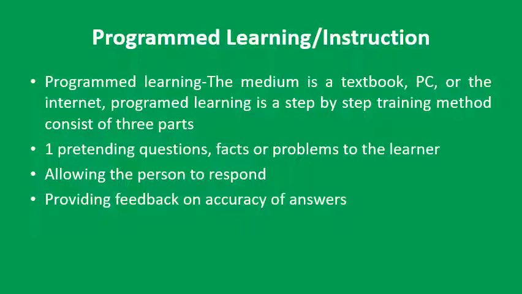For example, when they are learning a new concept and they start with program instruction, what trainees or learners have to do is answer a few questions. There is a first question, and they answer it. If it is correct, they get a brief feedback on that. Even if it is wrong, the system will give feedback on why it is wrong, what the correct answer is, etc. Then they can go to the next question.